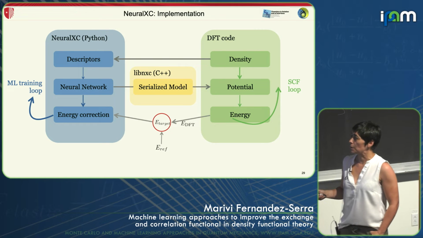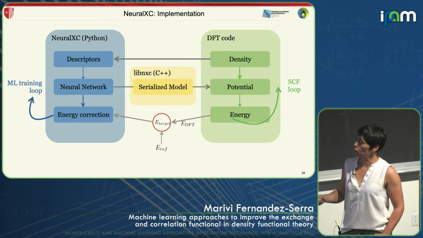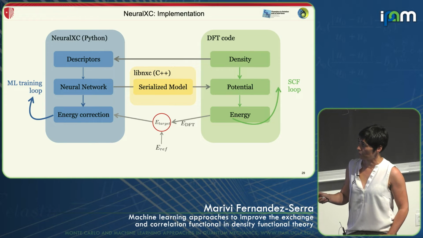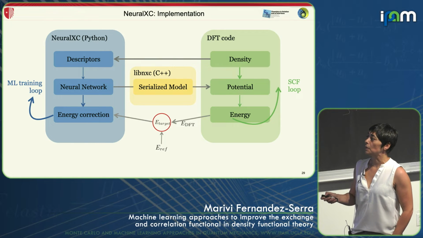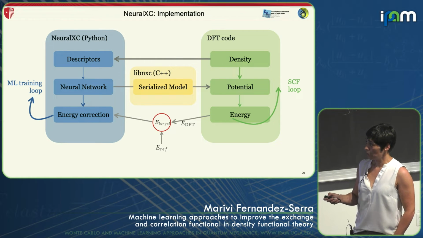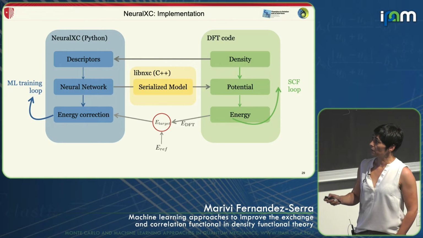Now, the way this is implemented, we have developed two different codes. We have neural XC, which is written in Python and deals with all the neural network optimization. Basically, you get the density from your DFT code, from the density you get the description, and build the neural network. It also does the full machine learning loop.